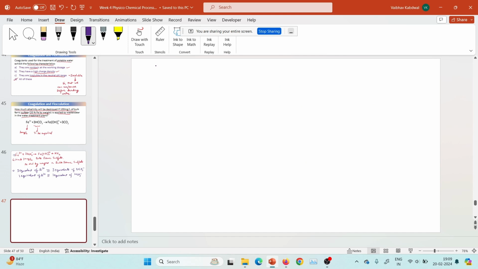In the previous lectures, we have studied equivalents. Equivalent is given weight by equivalent weight.